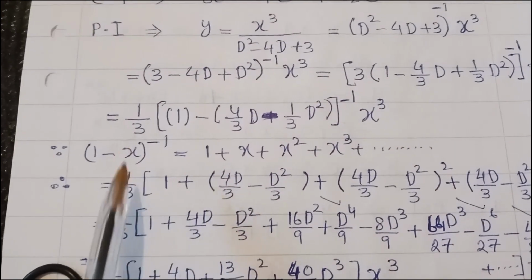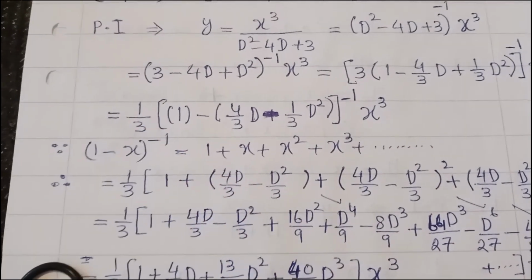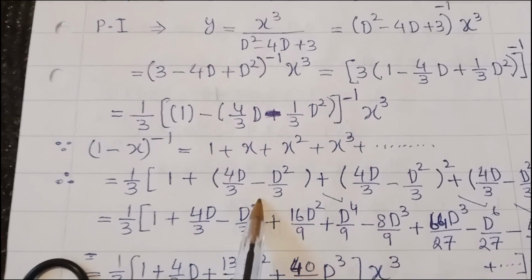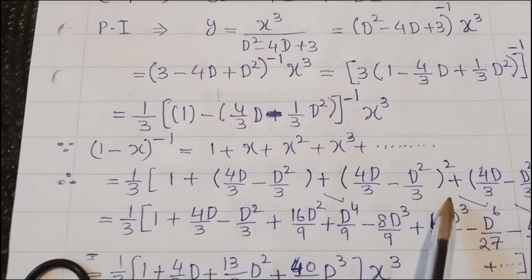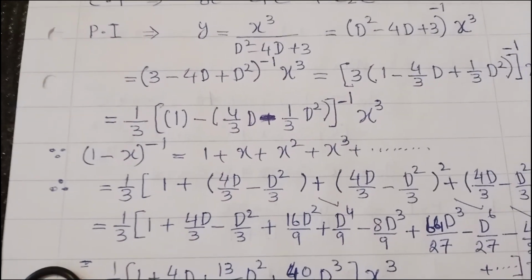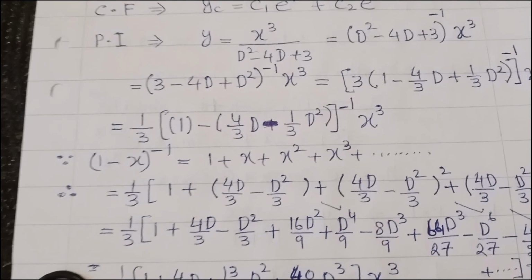So we can write 1 upon 3 outside and apply the formula on the entire term, that will be 1 plus x plus x square plus x cube and so on. Outside the bracket we have our polynomial, that is x cube.